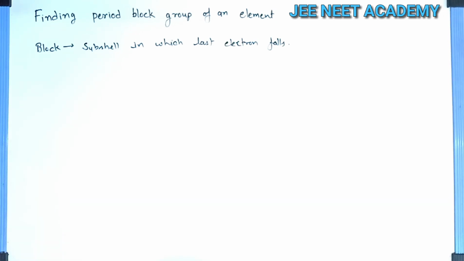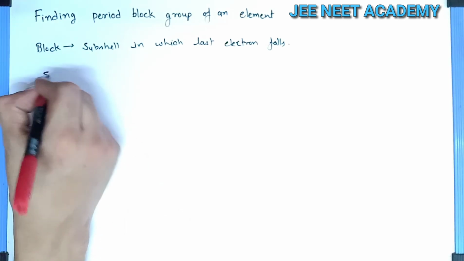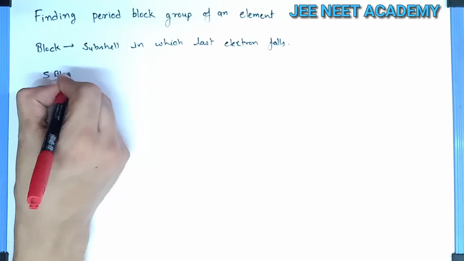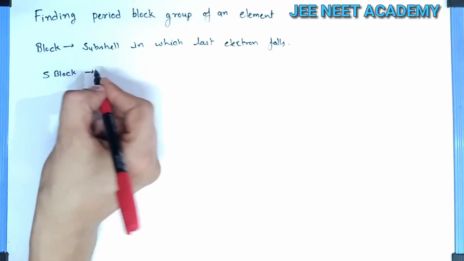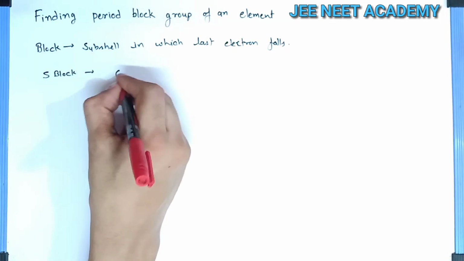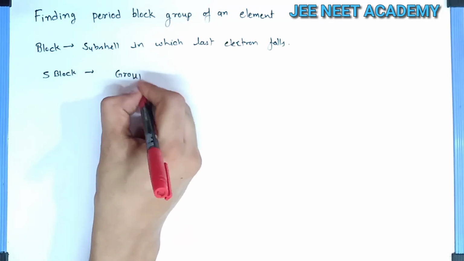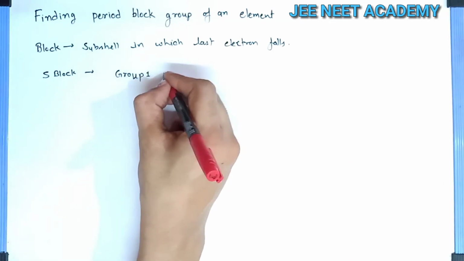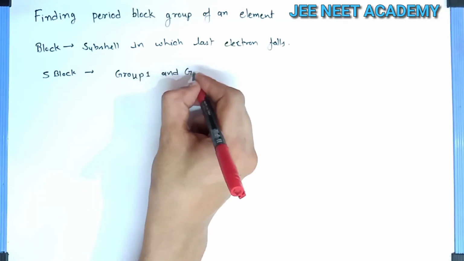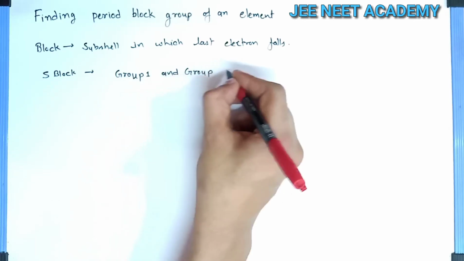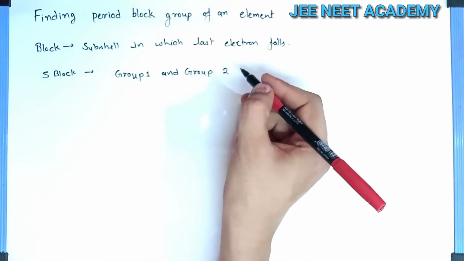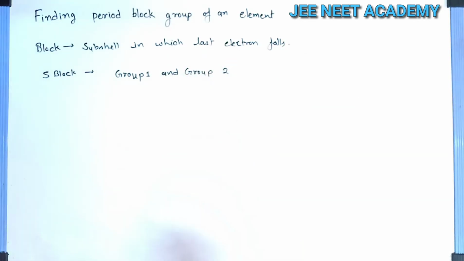For s block elements, we'll write the characteristics. Group 1 and group 2 elements are s block elements. For s block elements, inner shells are completely filled.